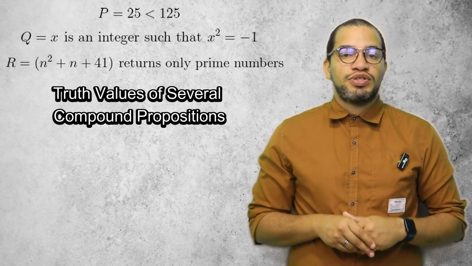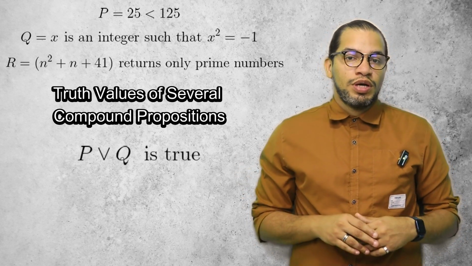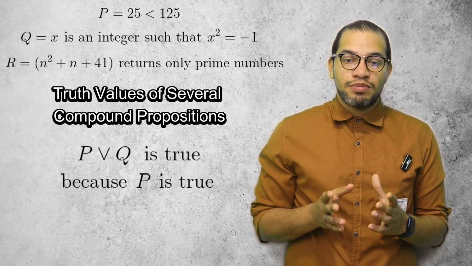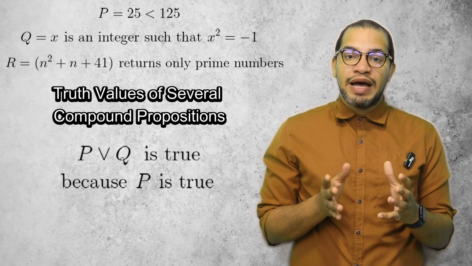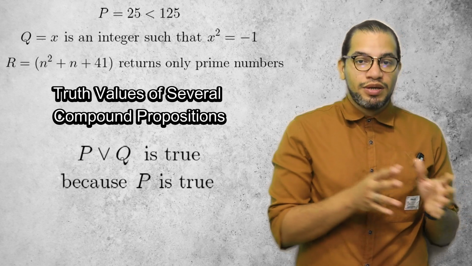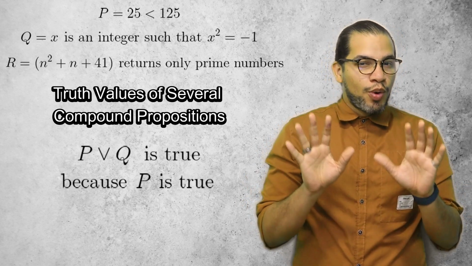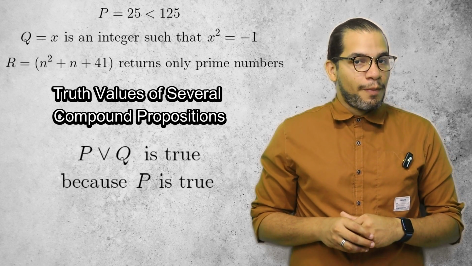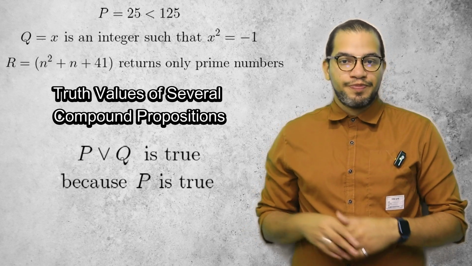The compound proposition P or Q is true since at least one of them is true, namely P. As a matter of fact, if either P or Q or both of them are true, then the compound proposition P or Q is true.